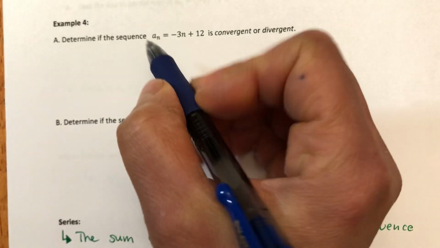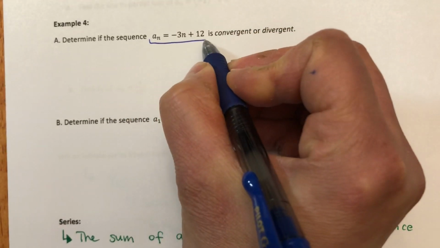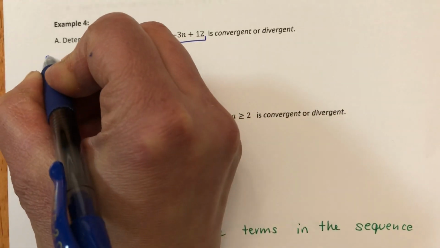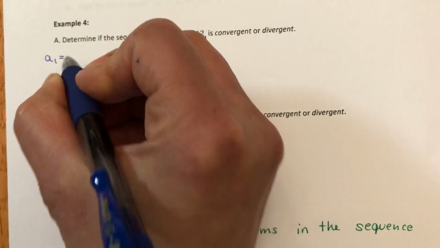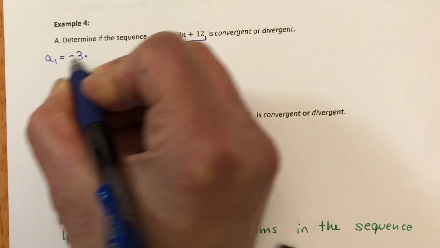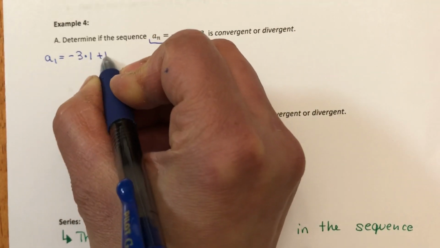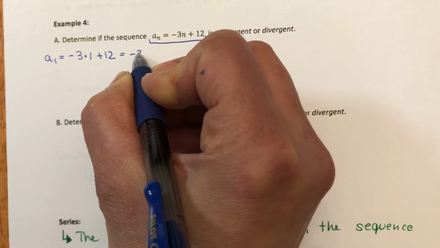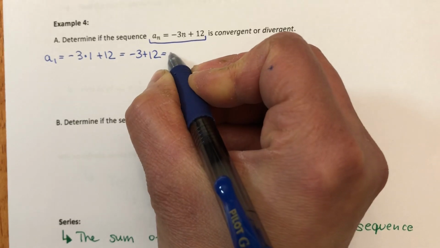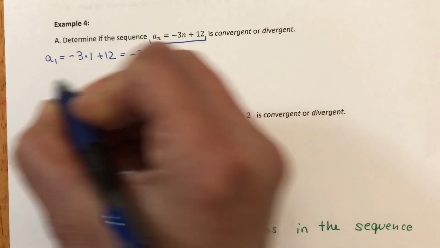So if I have a sequence where the nth term is negative 3n plus 12, that would mean that the first term is negative 3 times, in place of n, I am going to plug in 1, negative 3 plus 12, which is equivalent to 9.